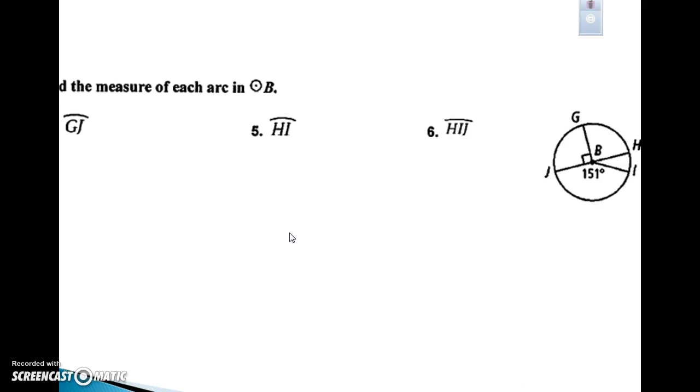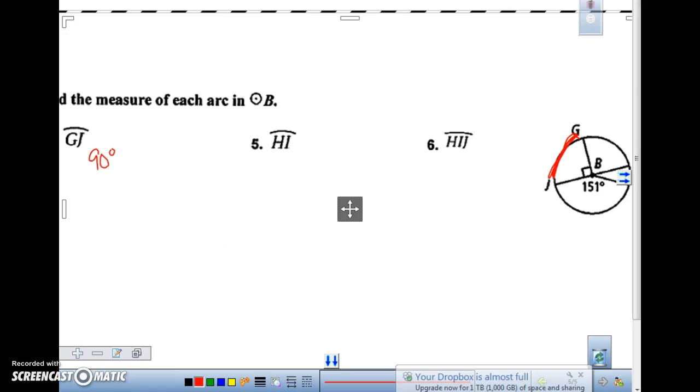Okay, so we're going to find the measure of each arc in circle B. H to I? 29. How'd you get that? 180 minus 151. Good. Everybody see that?